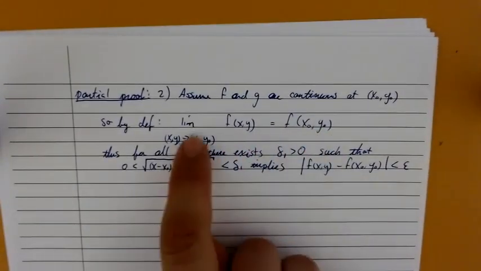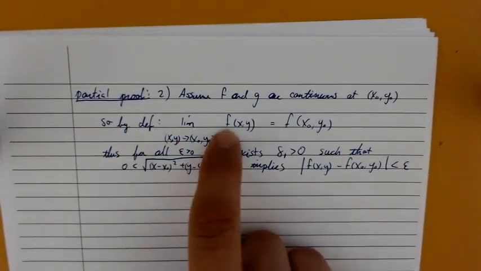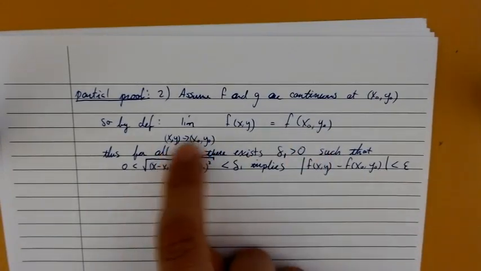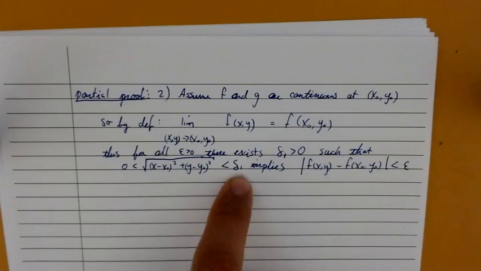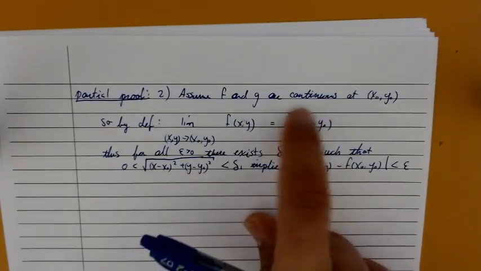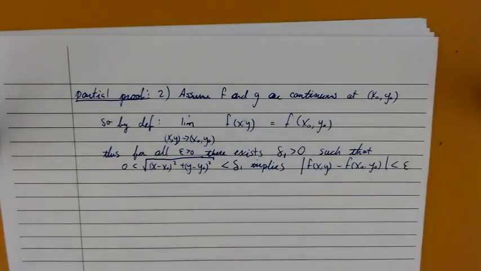So here I've just written the definition of what this means. What does it mean for this limit of f to equal this? Oh, that means that as long as these two are within a delta neighborhood of each other, that implies that this and the proposed limit are within any epsilon that we choose.